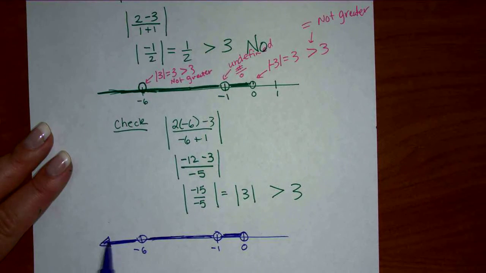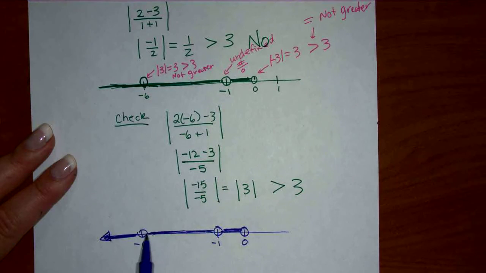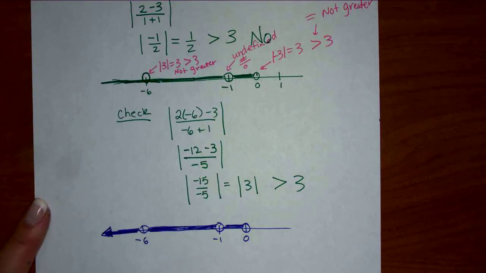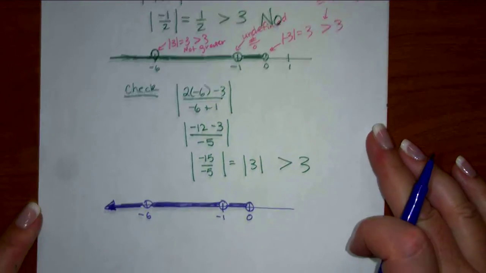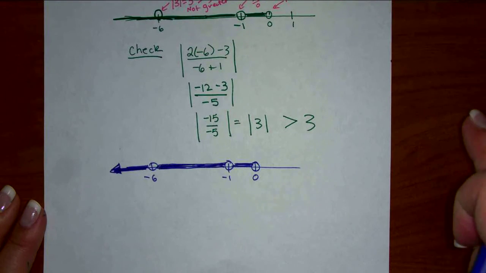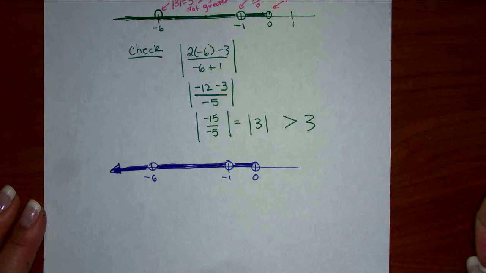You could test in between if you wanted to, but trust me, they all work. So how would we write this? So how do we say that x is not equal to something? Yeah, you just put a line through the equals.